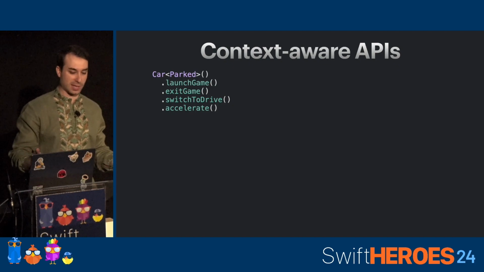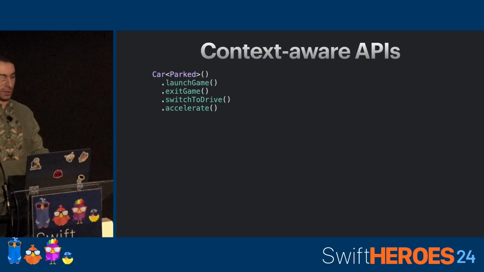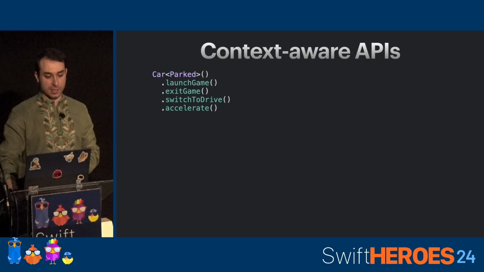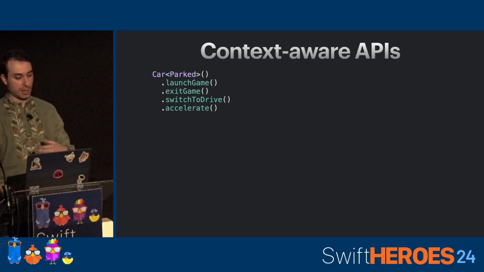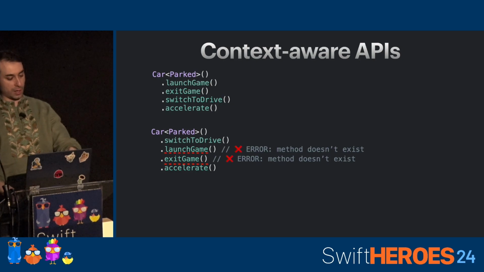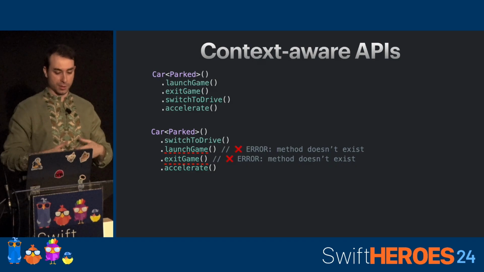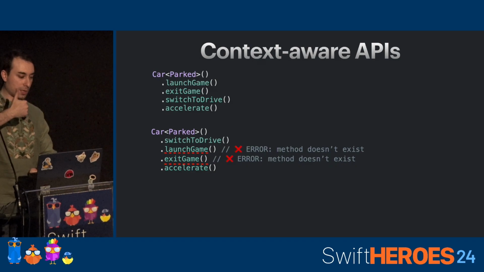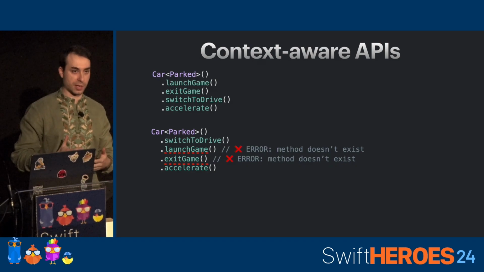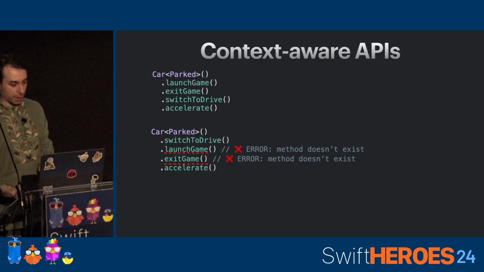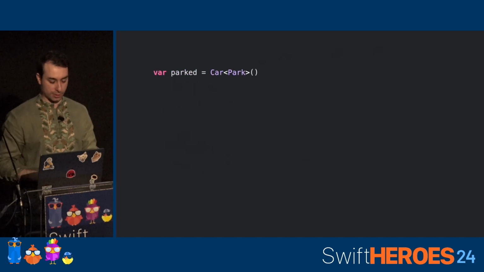So like you can only set the list style on a list type, for example, right? So in this sense, I can chain my functions like this, and this will work. But if I mess up, so if I try switch to drive and then launch the game, this won't work because the upper context doesn't match. So you can actually design really cool APIs this way, using the generic constraints.